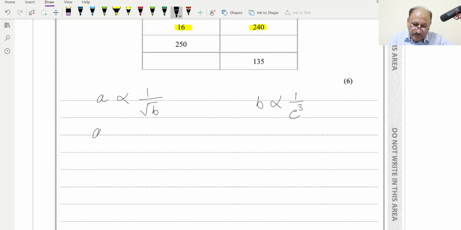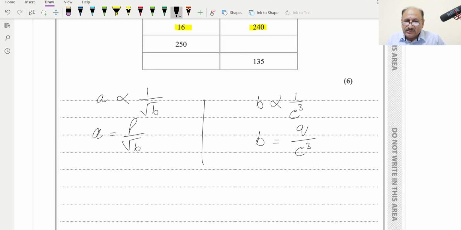To establish that link, we will be utilizing these equations. We will change proportionality into equality. So we can write a is equal to p over the square root of b, and b is equal to q over c cube. Constants we have written, and from here we require the value of the square root of b so that we can replace it over here.